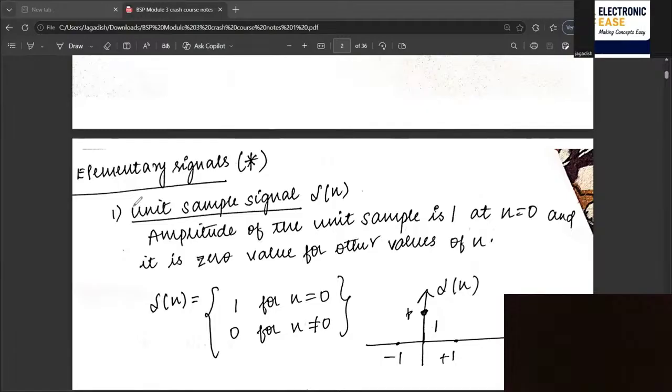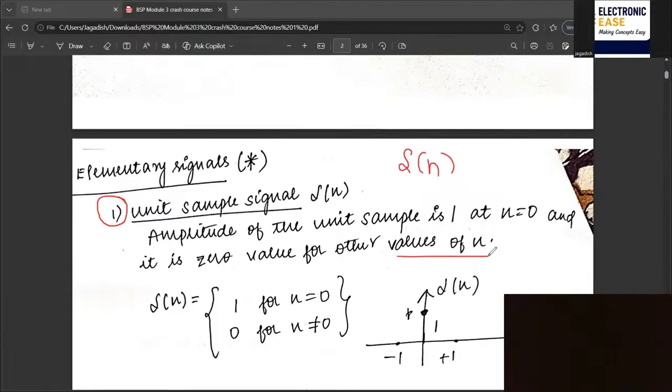The first one is the unit sample signal. The unit sample signal is denoted by the symbol del of n. The definition: the amplitude of the unit sample is 1 at n equal to 0 and it is 0 for other values of n.